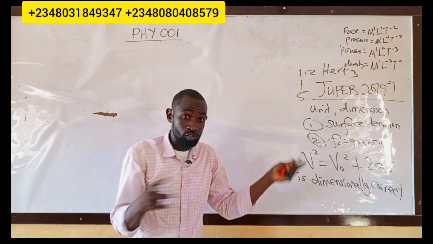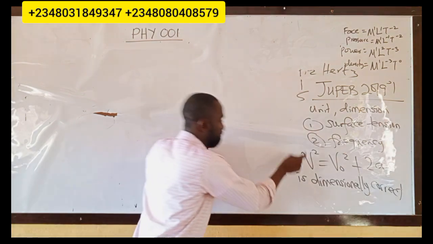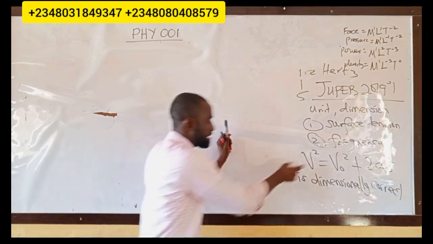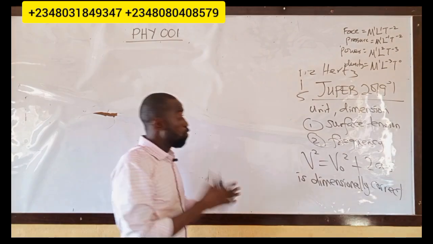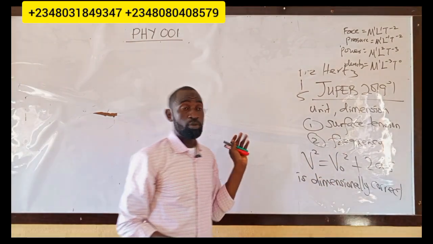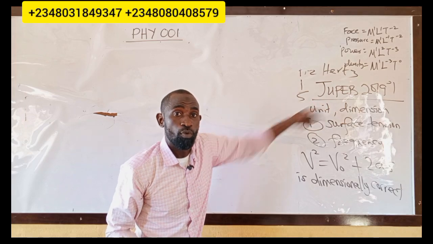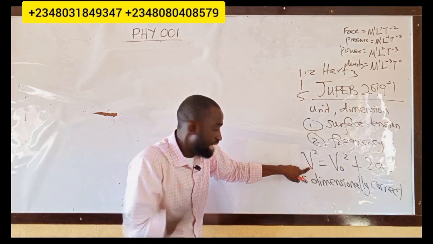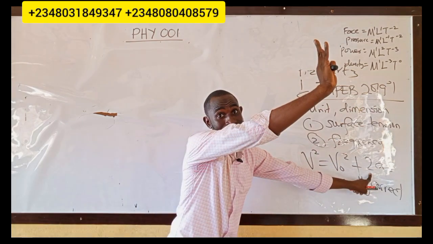Otherwise, I'll solve each one separately, because the principle of homogeneity says each term on both sides must have the same dimension. This is a term, this is a term, this is another term. This is a constant, but we neglect it.